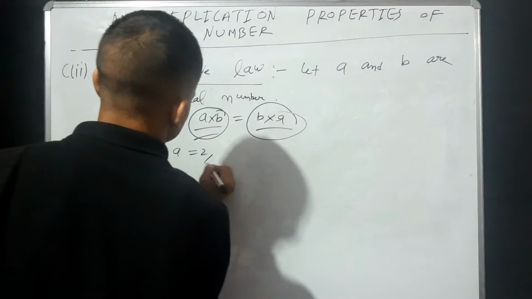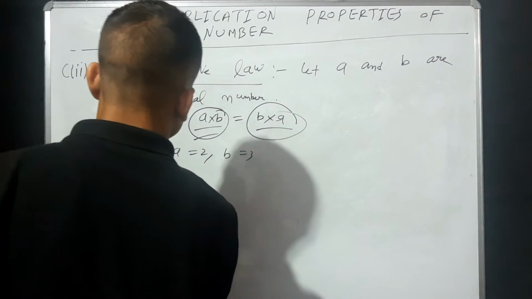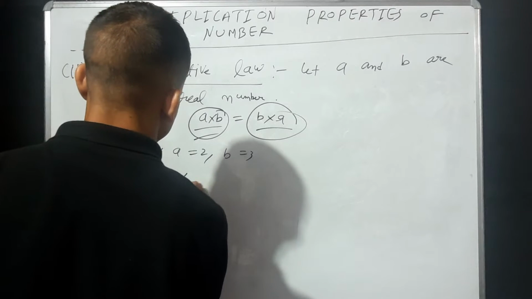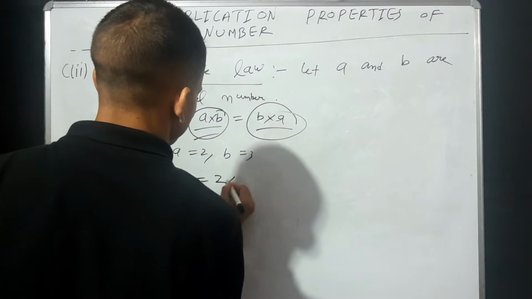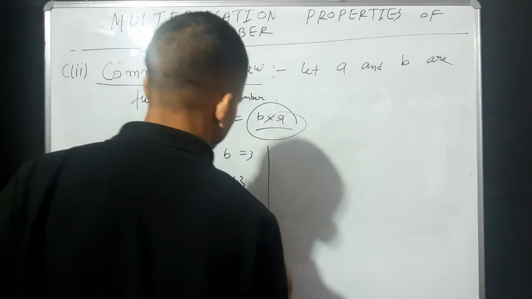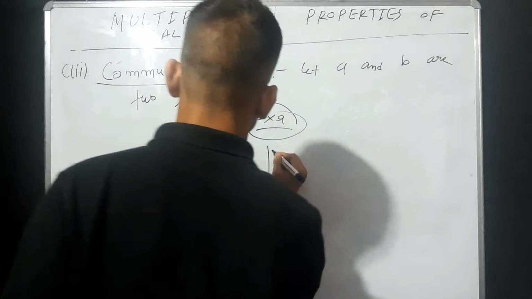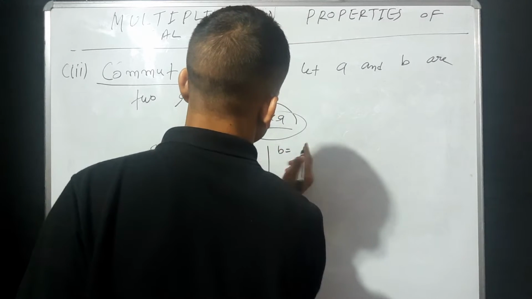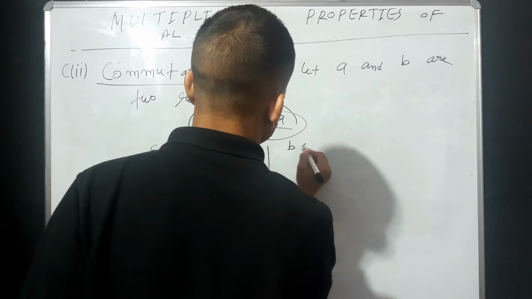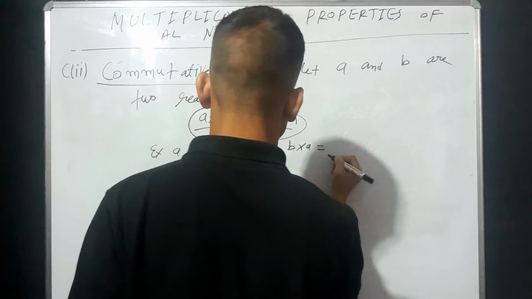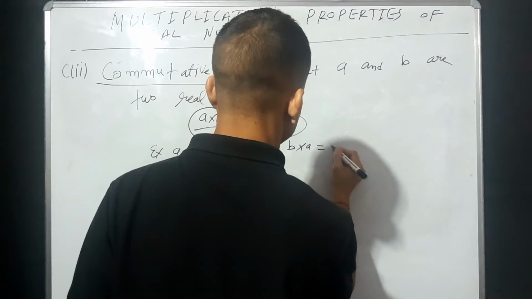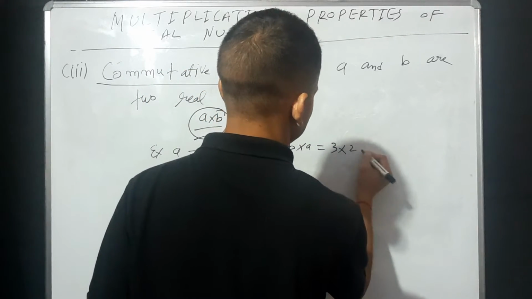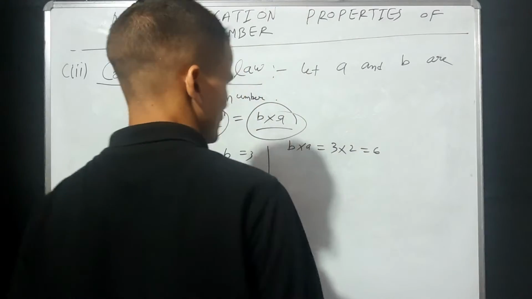We take A equal to 2 and B equal to 3. A multiplied by B means 2 multiplied by 3, which is equal to 6. B into A means B equal to 3 and A equal to 2, which is also 6.